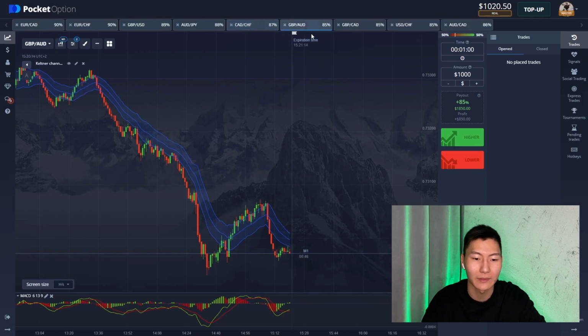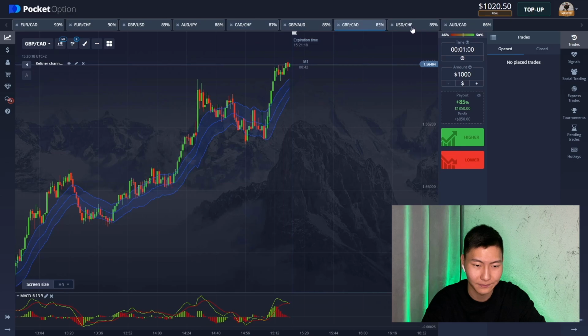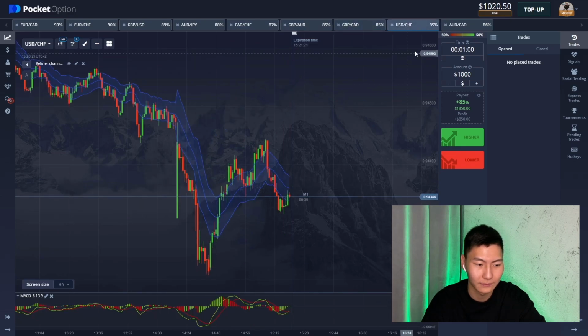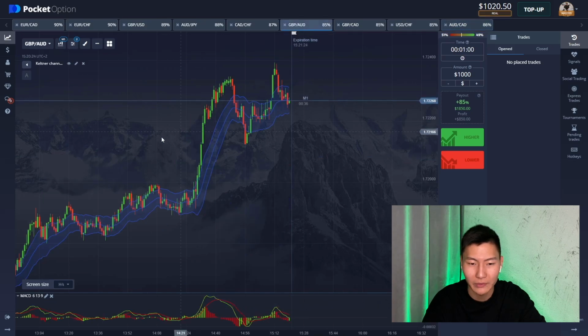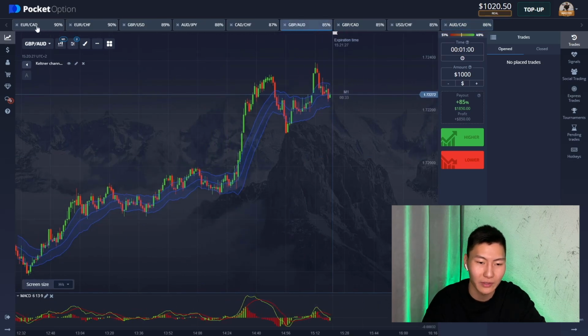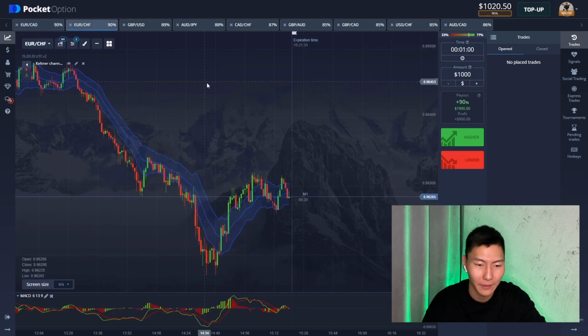Of course, I'd rather focus more on the MACD. But there is a really weird movement taking place. That's why the Keltner channel is more helpful in this particular situation.